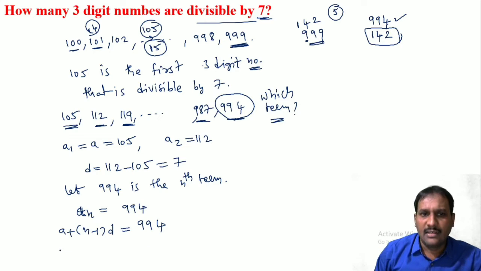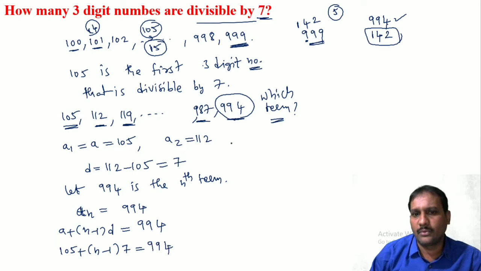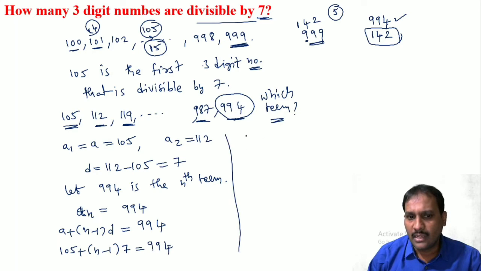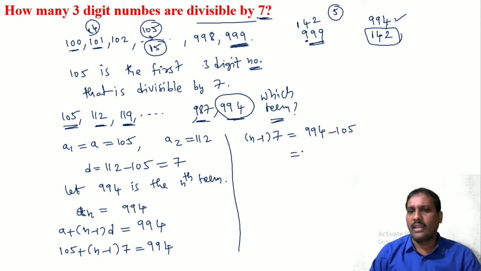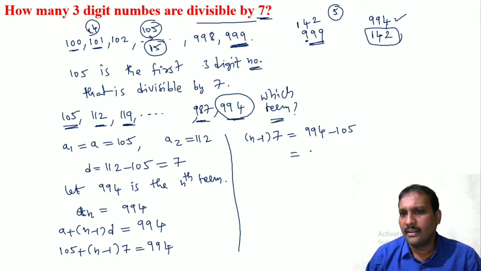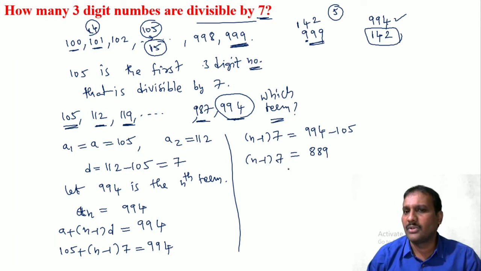A is 105 plus n minus 1 into d, which is 7, is equal to 994. So n minus 1 into 7 is equal to 994 minus 105. So how much will you get here? 889. So n minus 1 into 7 is equal to 889.